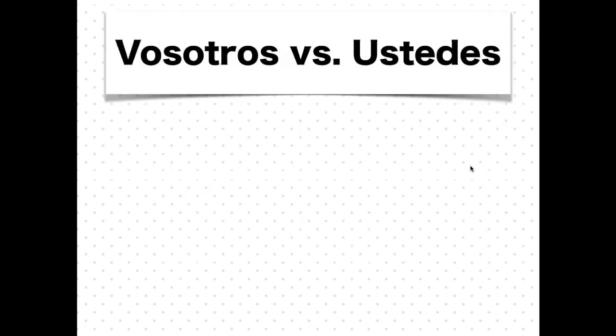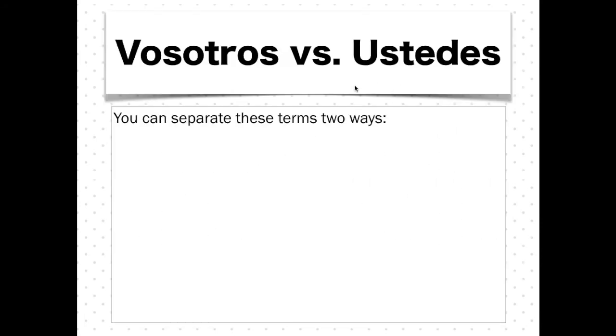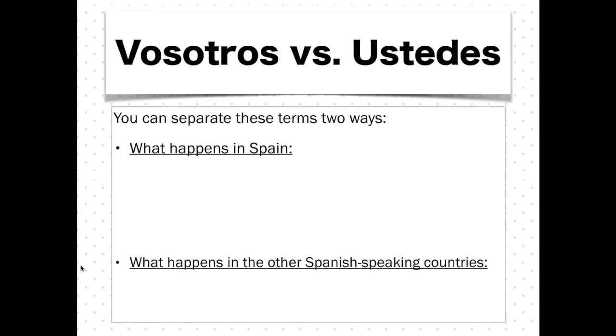So there are a couple final things to clarify, and the first of those is this distinction between vosotros and ustedes. And you can kind of separate these two terms in 2 different ways: 1, what happens in Spain, and 2, what happens in the other Spanish-speaking countries. So that means all the other countries that speak Spanish minus Spain. So Spain uses vosotros almost as the plural of tú.